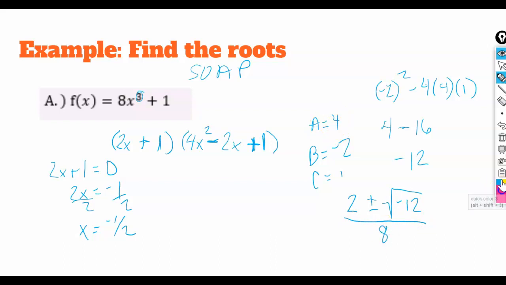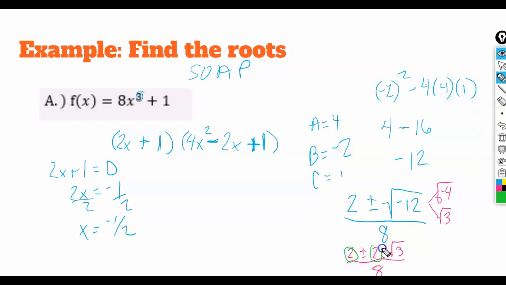So now we've got some reducing to do. So this is going to be -4 times 3, because I can take the square root of -4. So then I'm going to have 2 plus or minus 2i on the square root of 3, all over 8. And now that I reduced that, pay attention.